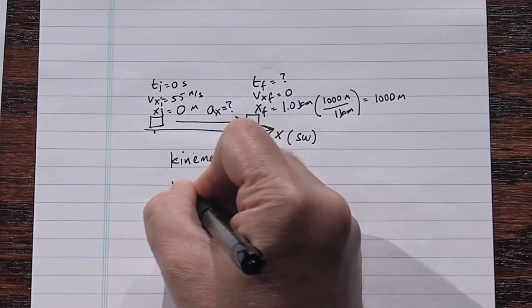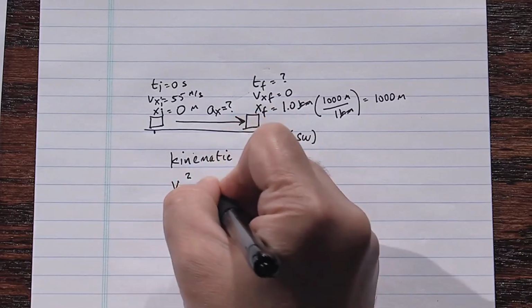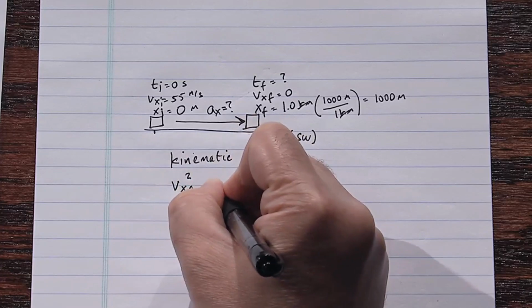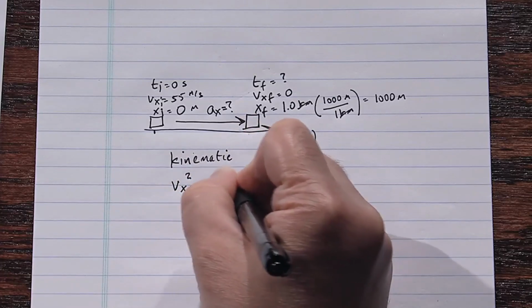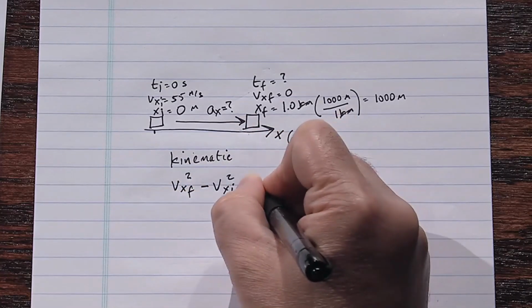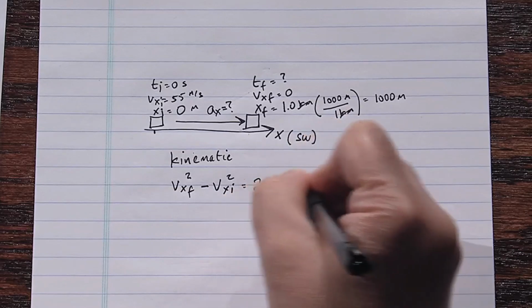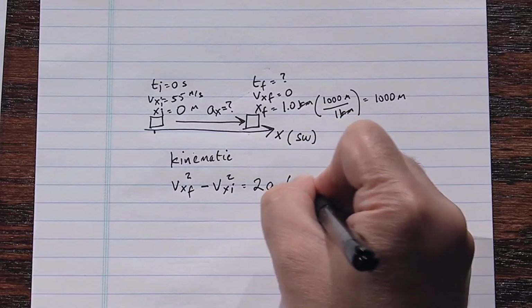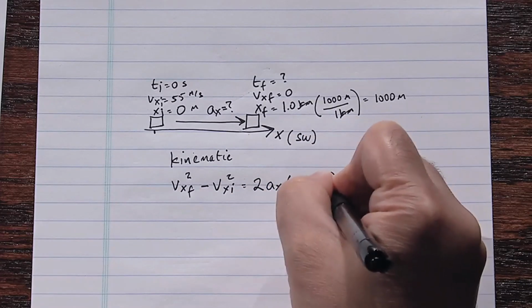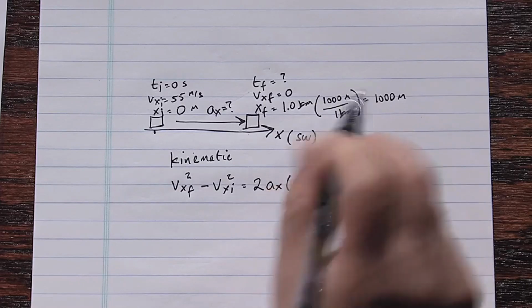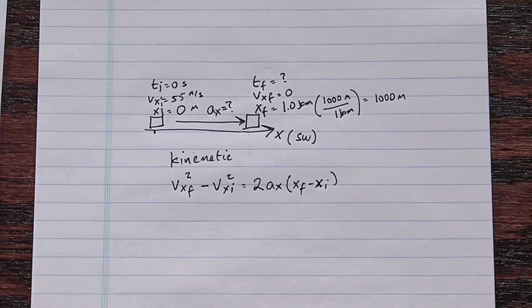And that's our third equation, which is Vx final squared minus Vx initial squared is equal to 2ax times x final minus x initial. And so now we have completely modeled this situation. We have a mathematical model. It's just a matter of using our algebra from here.